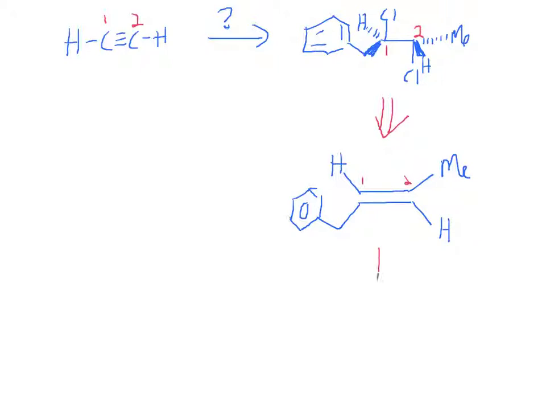Good so far? So if we take one step back, we have a trans-alkene. How do we make a trans-alkene? What's the starting material for a trans-alkene look like? Alkane? Alkyne. If we have a trans-alkene, so hydrogens are trans to each other, what's the starting material for that?